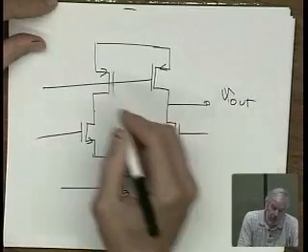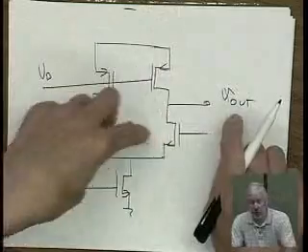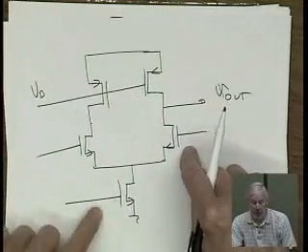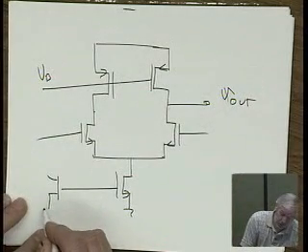So let's start with two current sources biasing this differential pair, and the loads for this differential pair with a good old current source load down here.